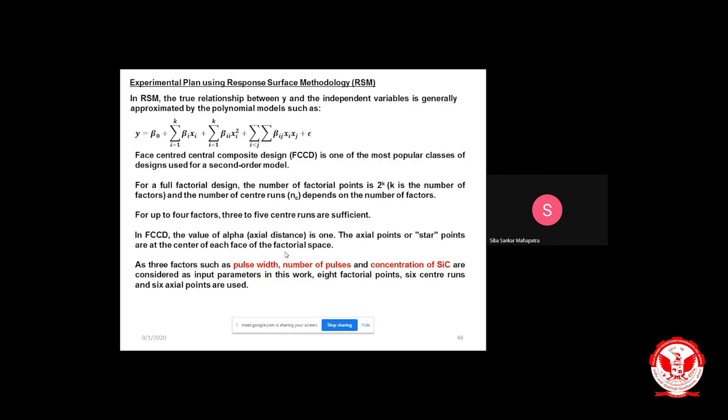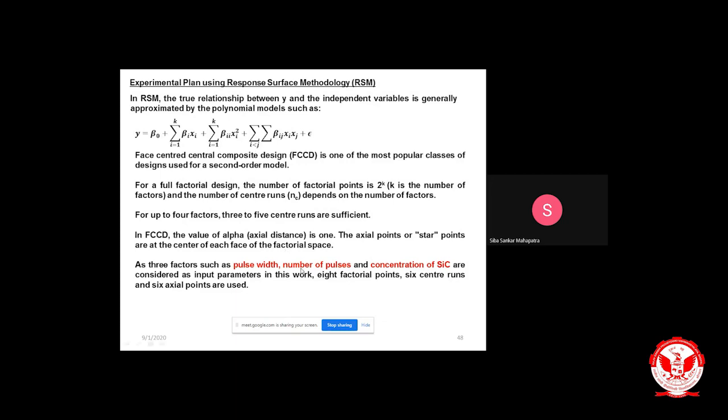Three variables are taken: the pulse width, number of pulses, and concentration of silicon carbide. Then for conducting the experiment, a face-centered central composite design is used.